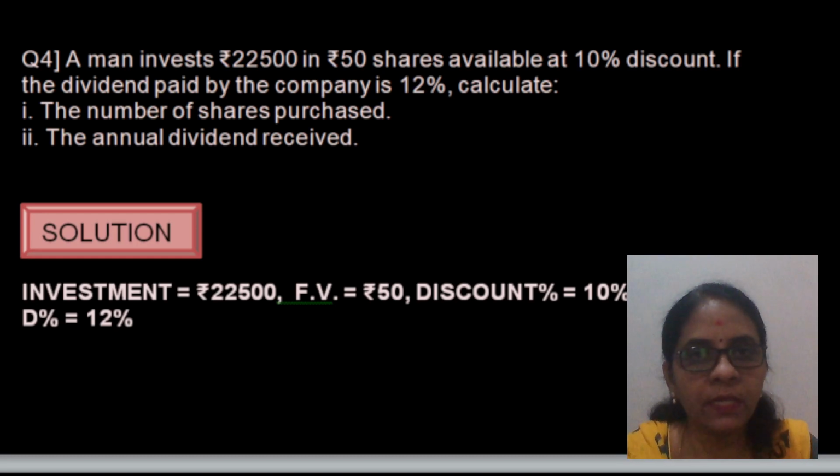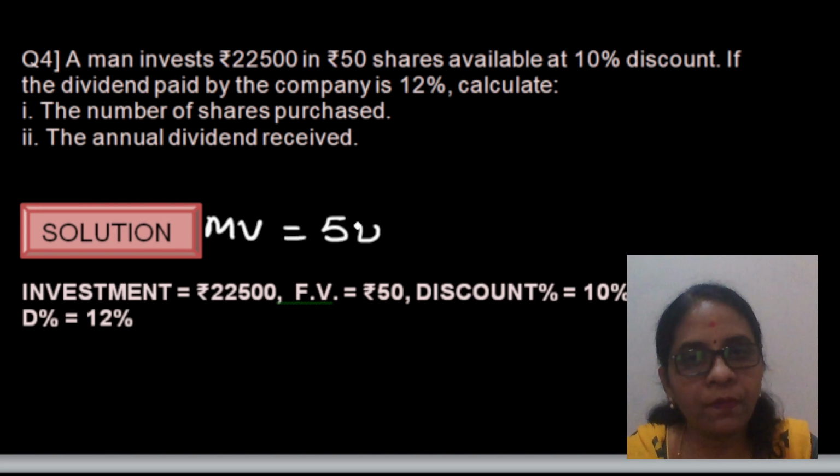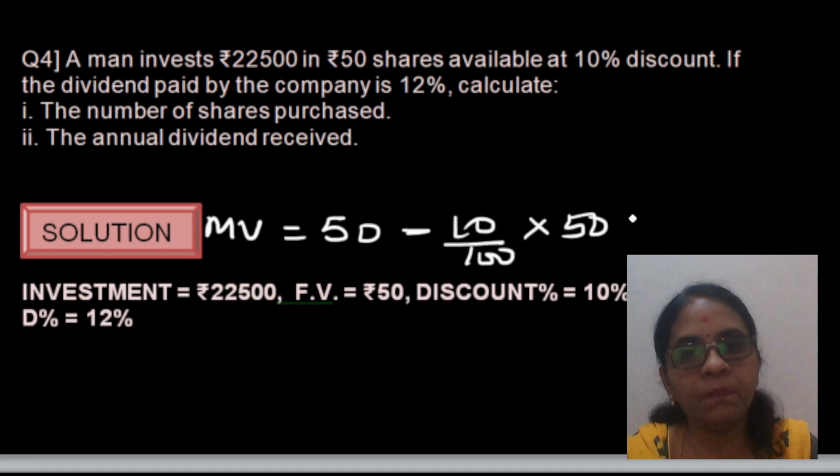So investment is 22,500, face value is rupees 50, discount is 10%. What will be the market value? Market value is 50 minus 10% of 50. 50 minus 10% of 50 becomes how much, children?